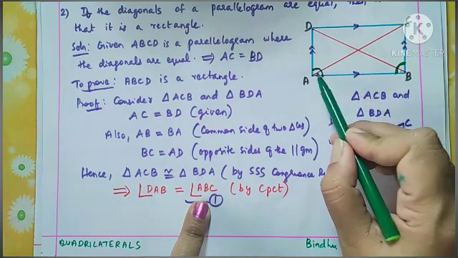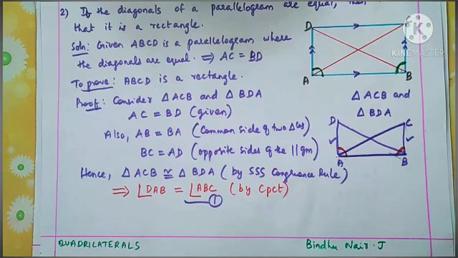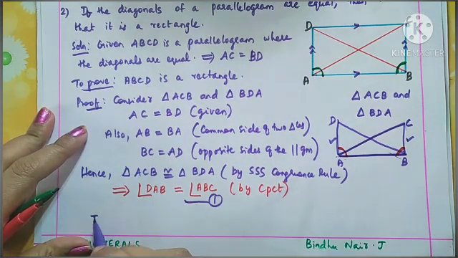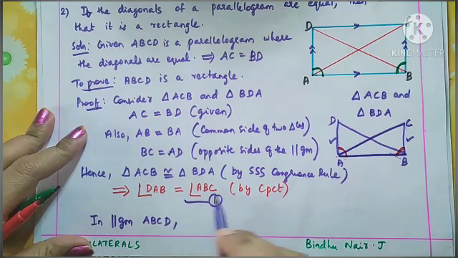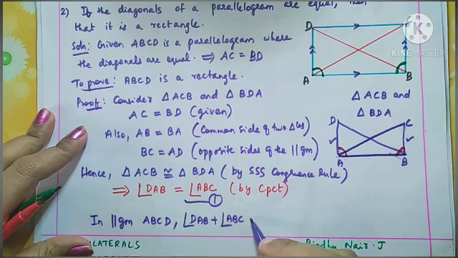That is, their sum is equal to 180 degrees. Understand? So here you can say in parallelogram ABCD, yes. So these two angles, angle DAB plus angle ABC is equal to 180 degree.